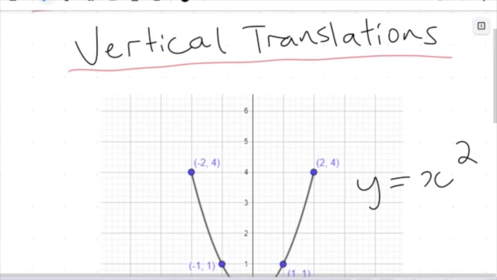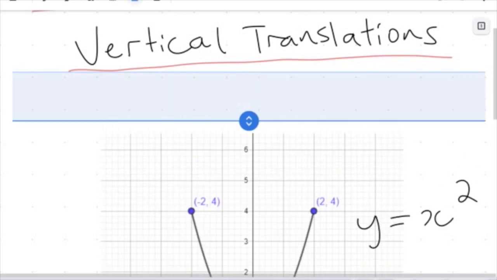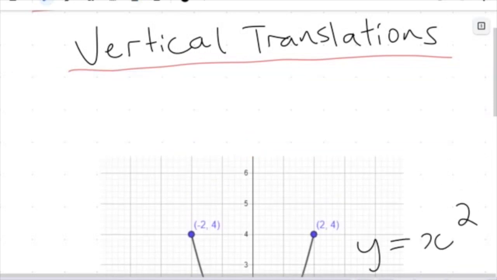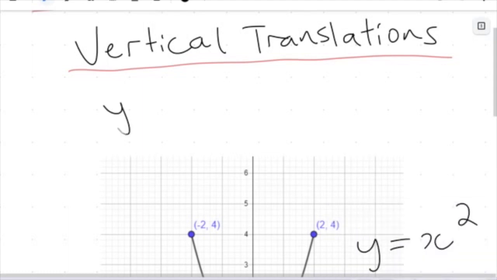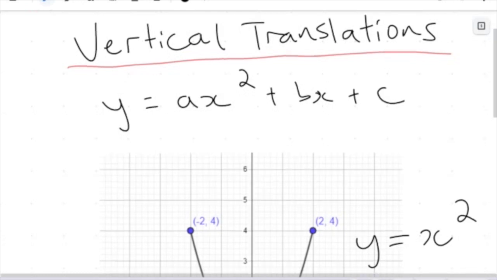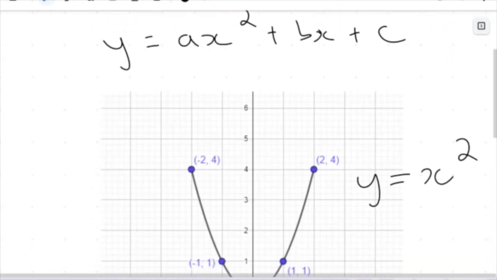By the end of this topic, we will have covered a lot of the different types of parabolas in our standard form, y equals ax squared plus bx plus c. In this example, we are going to look at the parabola y equals x squared plus 1.